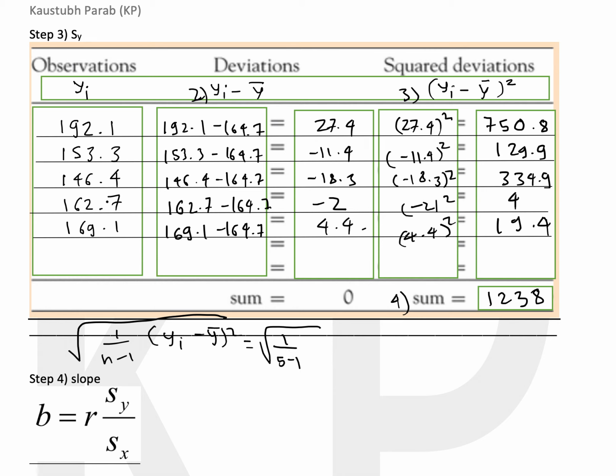Same number of data points 5, so n is 5. So that should give you standard deviation of y as 70.